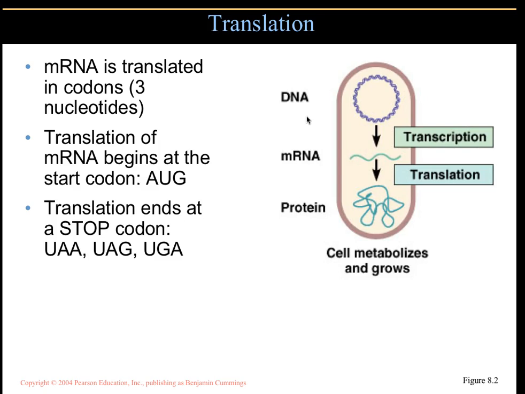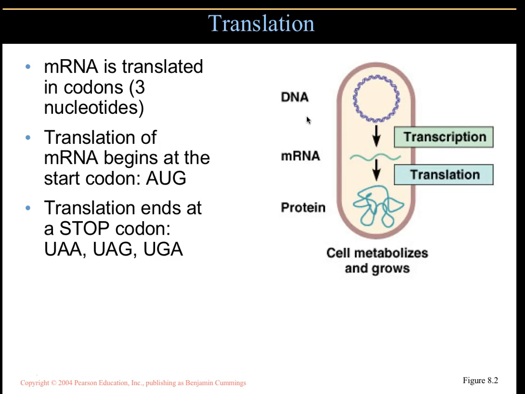Don't memorize AUG, but just know the process that you're going to start, then you're going to proceed. And I'd like to think of putting on the amino acids according to the messenger RNA like putting beads on a necklace. And then once you're done, you have to tell the cell that yes, you're done, stop. And then you do have a stop codon.